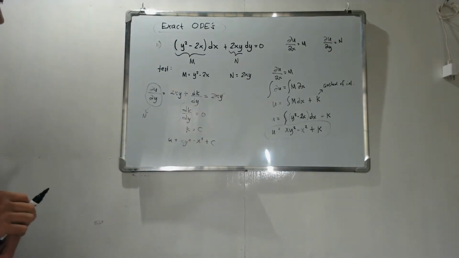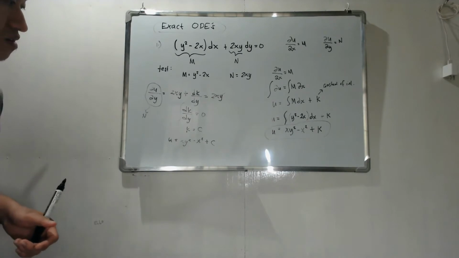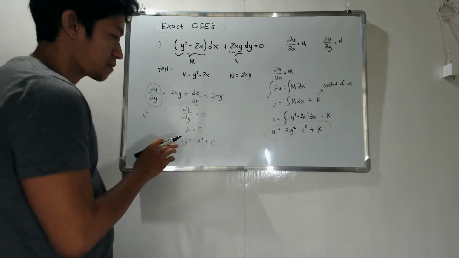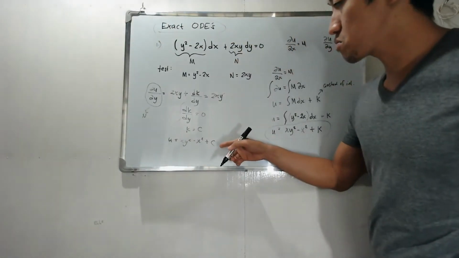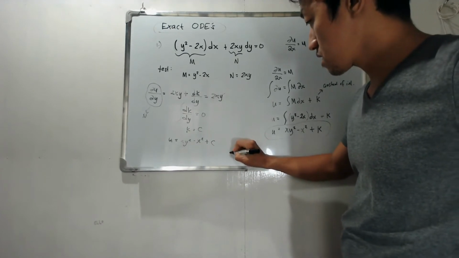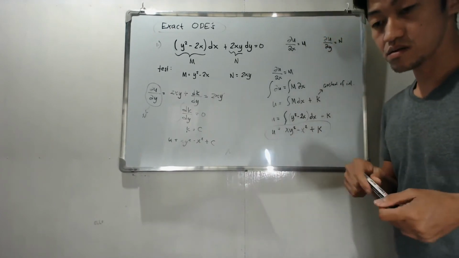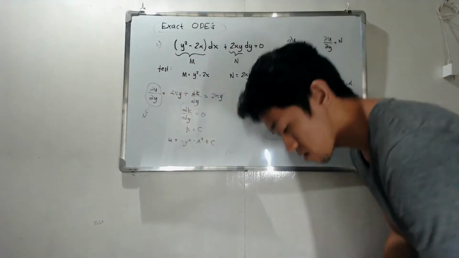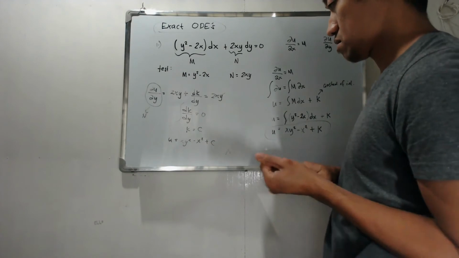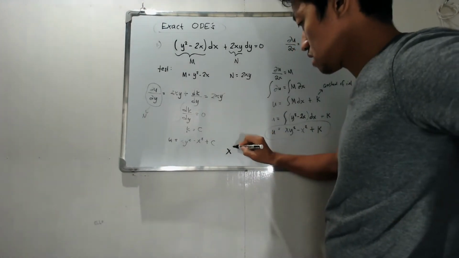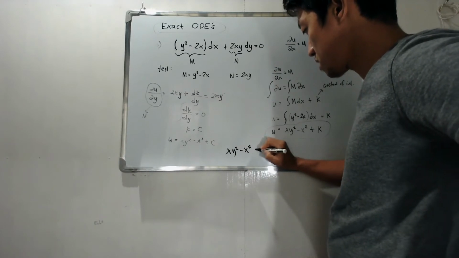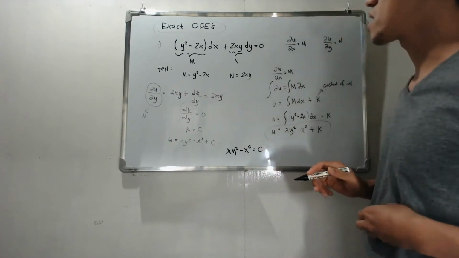Okay? Or if we transpose the c, this is just equal to x y squared minus x squared is equal to c.